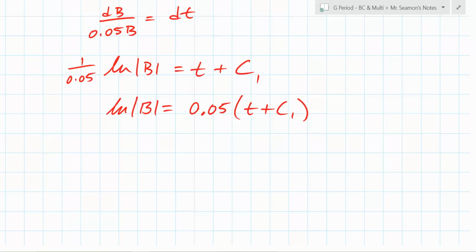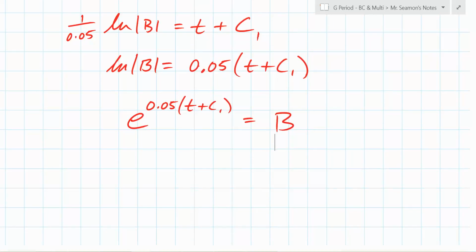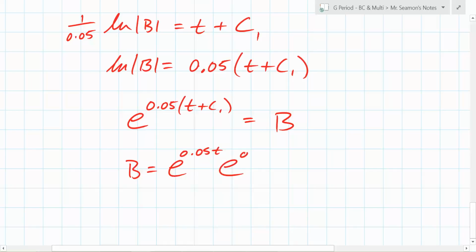Yeah, so you can isolate. So you have e to the 0.05 times t plus c1 equals the absolute value of b, and you can just do positive b because e to a power is always going to be positive. So you end up with b equal to e to the 0.05t times e to the 0.05 c1, right?